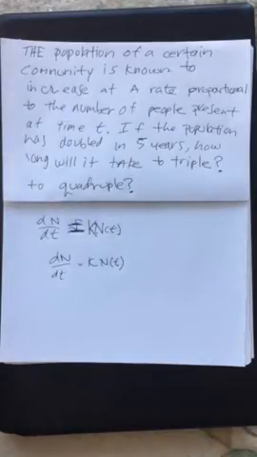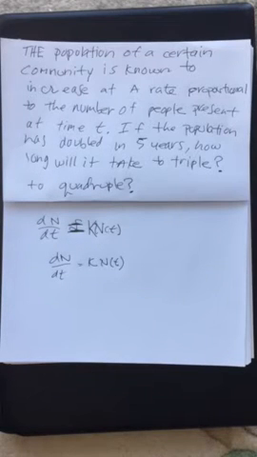So here we go. What we need to find is the function of, see, they're asking how long till it doubles, how long till it triples, how long till it quadruples. So we need to find some function that describes the population at some time t to the number of people in it. So you could say, okay, I want to know at time equals 2 years how many people are in this population.